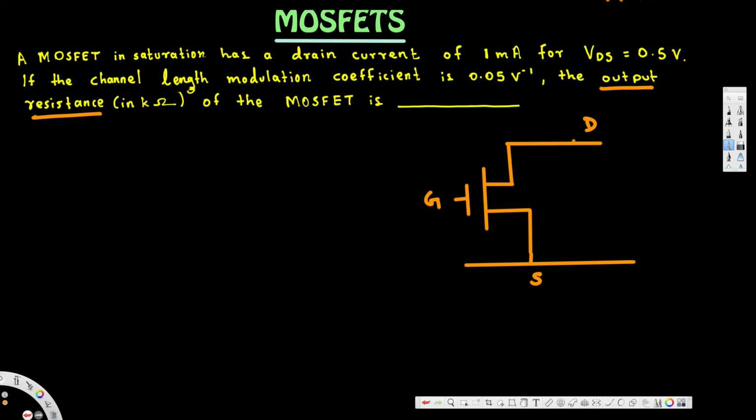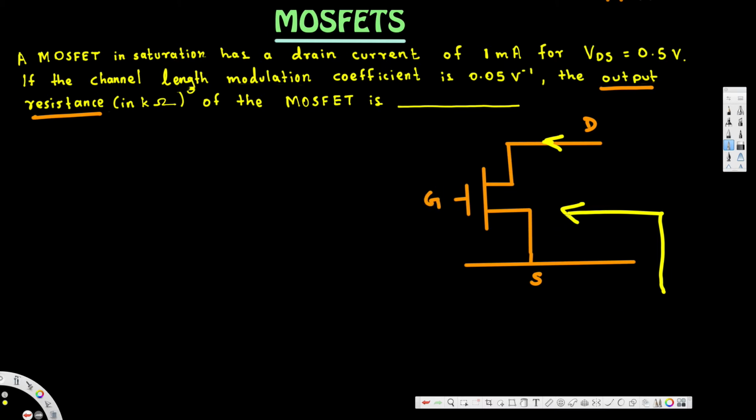Now here we will have a drain current, but output resistance is nothing but the resistance across the output terminals. For a MOSFET, the drain is the output terminal, the source is the common terminal, and the gate is the input.